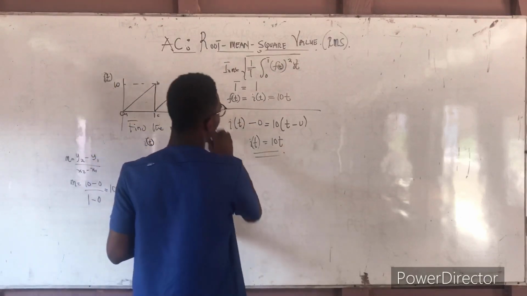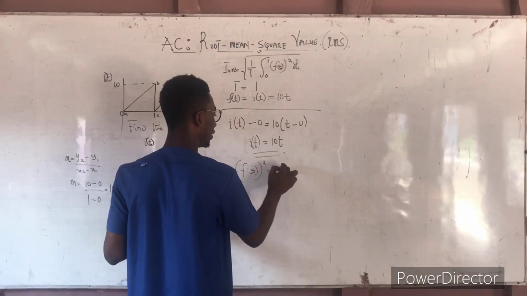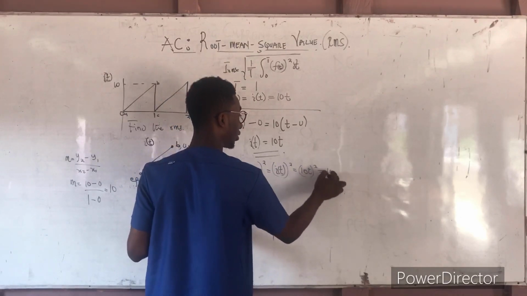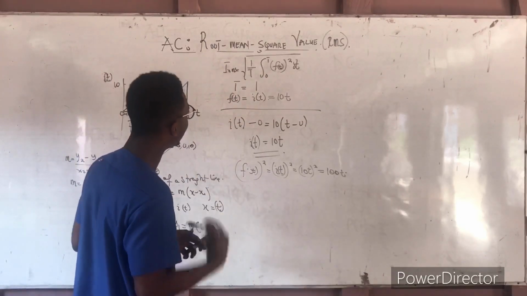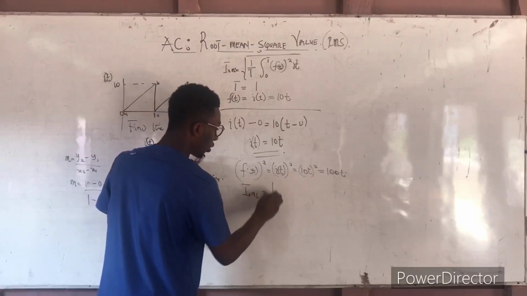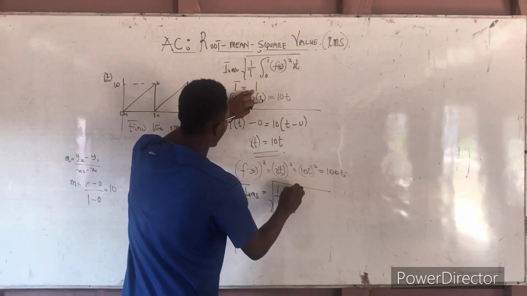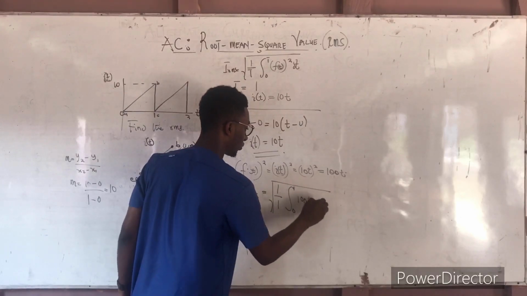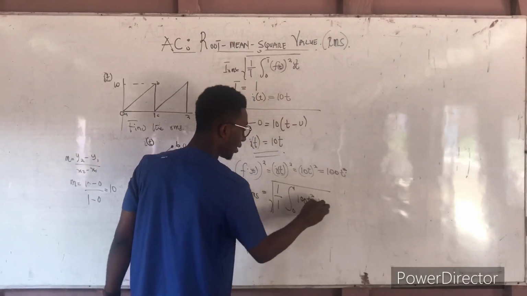So now, the f of t all squared, which is the function I of t all squared, will then become 10t all squared, which is 100t squared. So RMS is simply equal to the square root of 1 on T, which is 1, integral from 0 to 1 of the function f of t squared, which is 100t squared dt.